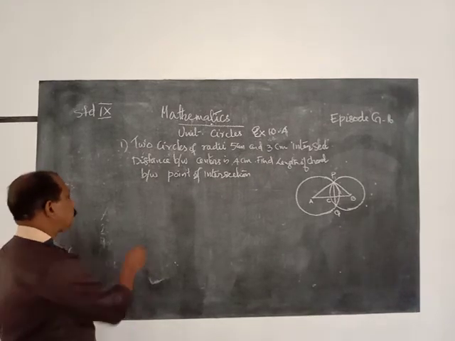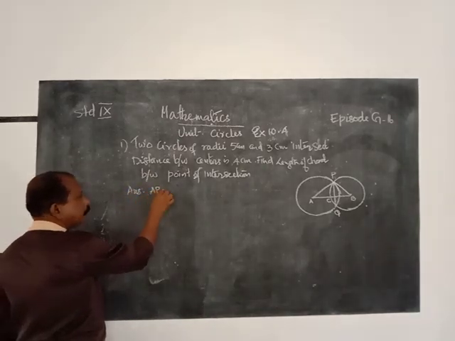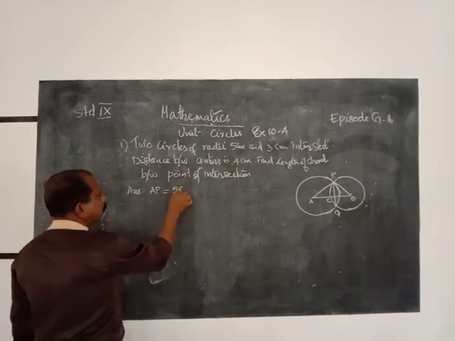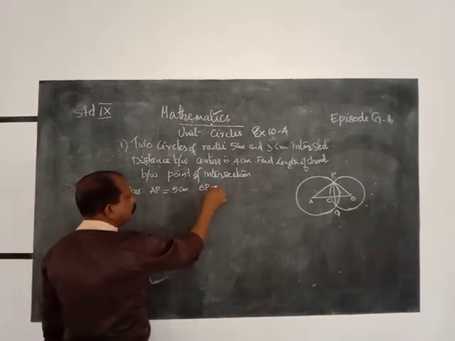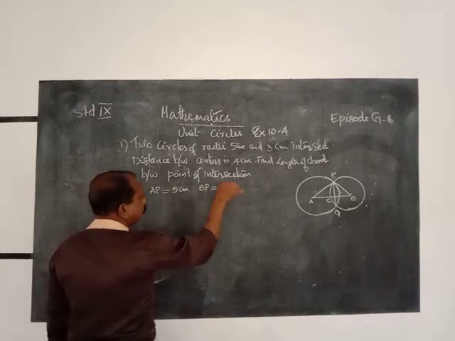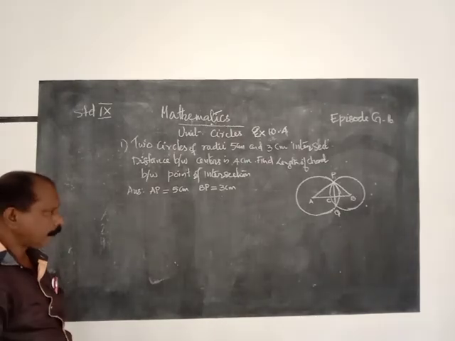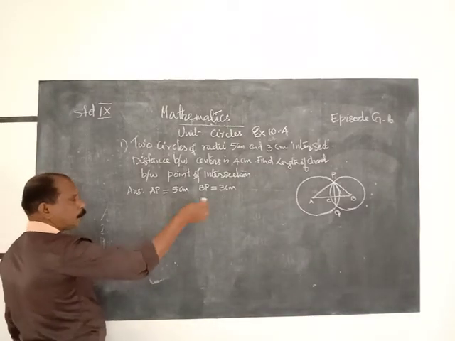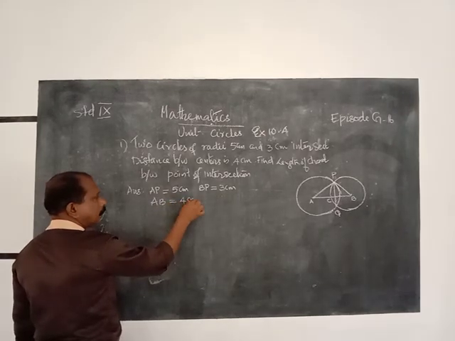Therefore, we know that AP is equal to 5 cm. BP is equal to 3 cm. We can find out the BC. Then the distance between these two centers, that is AB, is equal to 4 cm.